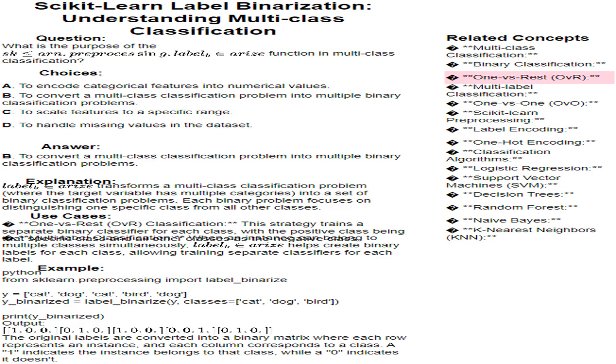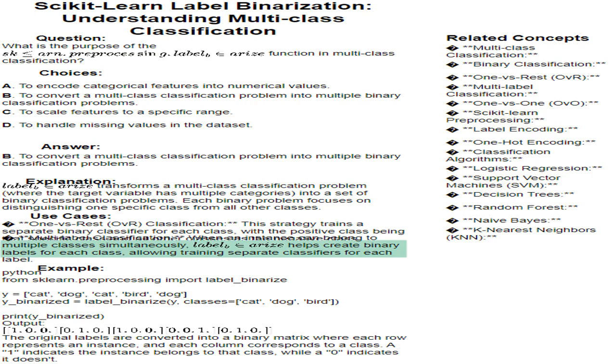One-vs-rest, OvR: a multi-class classification strategy where you train a separate binary classifier for each class. Each classifier distinguishes one class from all other classes. For example, in a three-class problem, you would train three classifiers: cat versus dog and bird, dog versus cat and bird, and bird versus cat and dog.